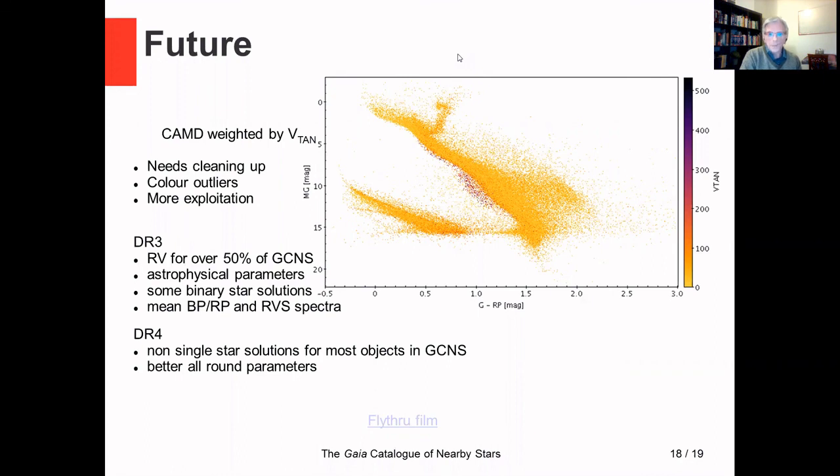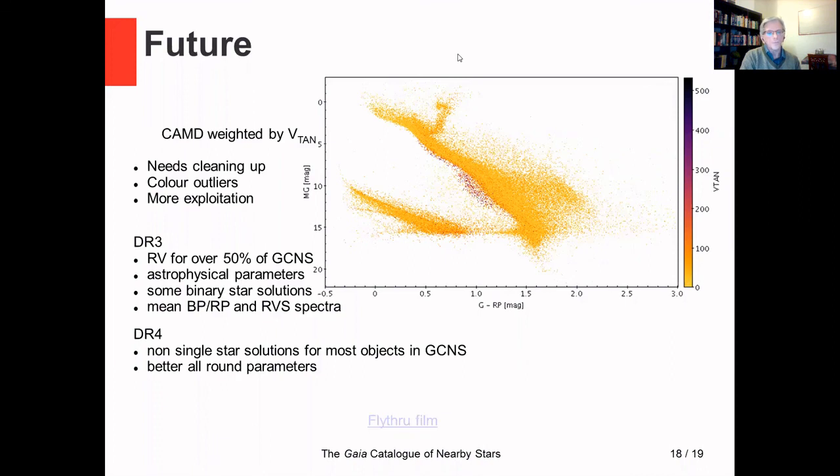The way to clean it up and to improve our understanding of the GCNS content is going to rely on successive data releases for Gaia. DR3, for example, in just a little over a year, will provide radial velocity information for maybe 50% or more of the objects in the GCNS. Astrophysical parameter information, including mass, radius, and effective temperature, will be available for virtually all objects.